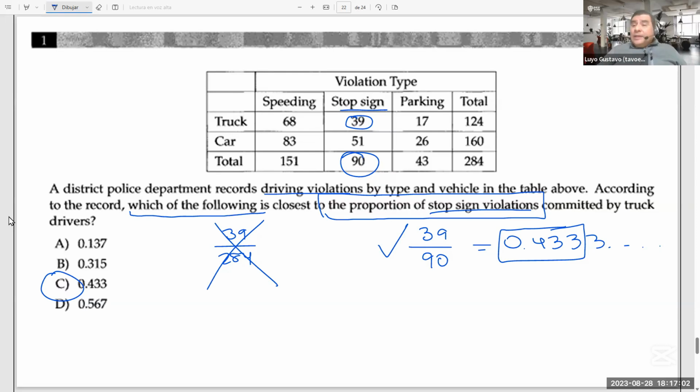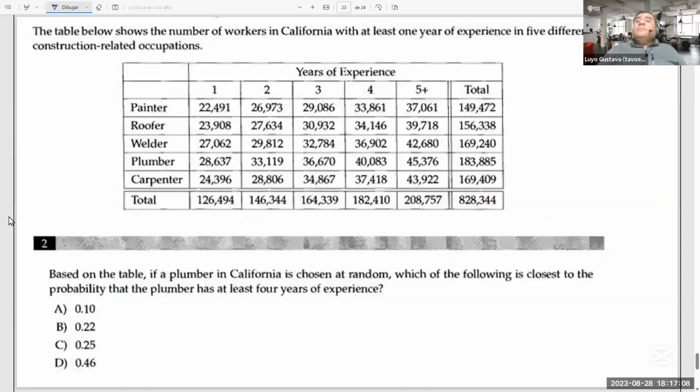Let's try one more example here. Okay, let's do this. The question says, based on the table, if a plumber in California is chosen at random, okay, think about it.